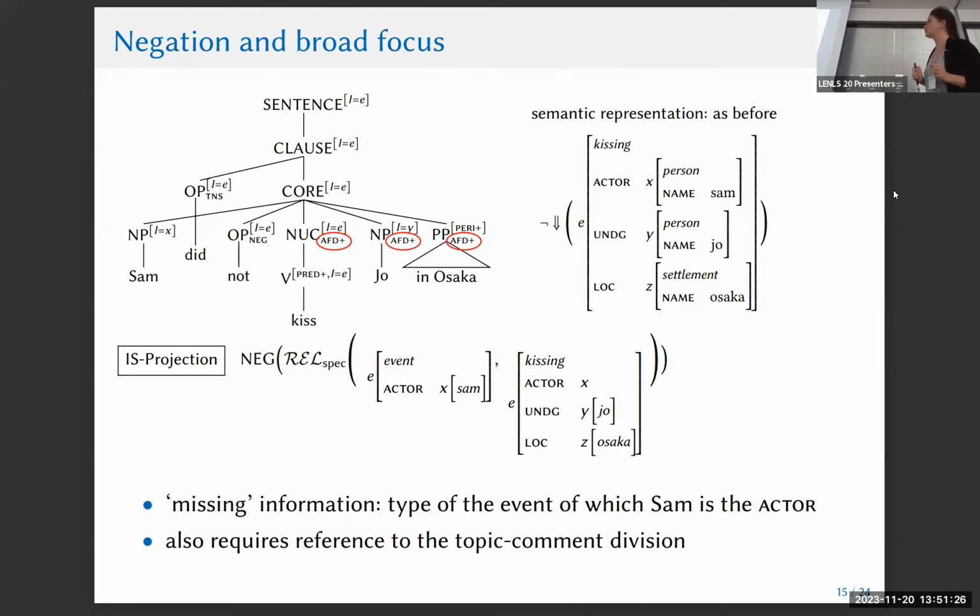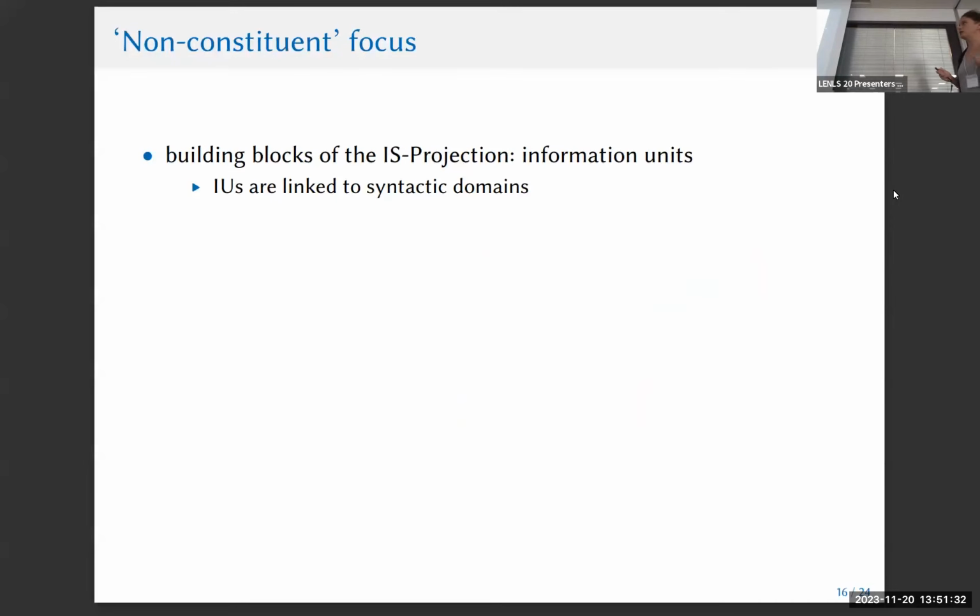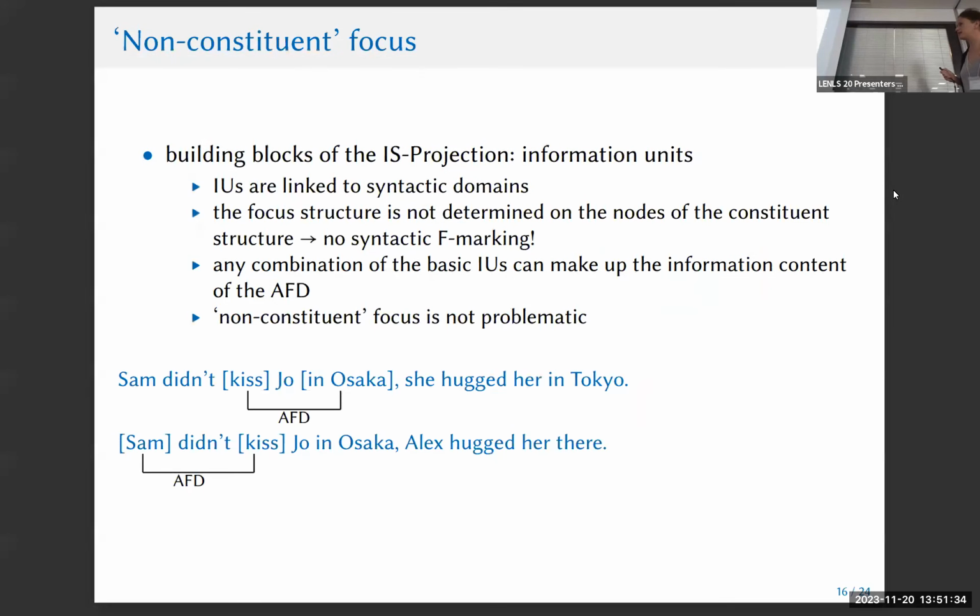Okay, so it works for broad focus. There, you also got the slide, so you can look it back. And it also works for non-constituent focus. And that slide I would like to show because it's very important. This is a choice to do information structure in this way, so that we have the information units as important parts, and they are linked to syntactic domains, but there is no syntactic F marking.